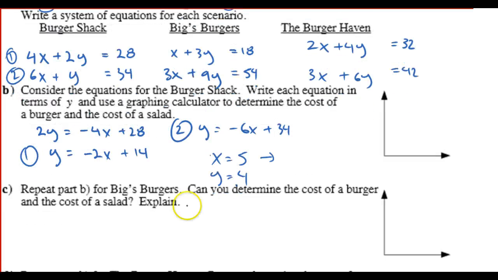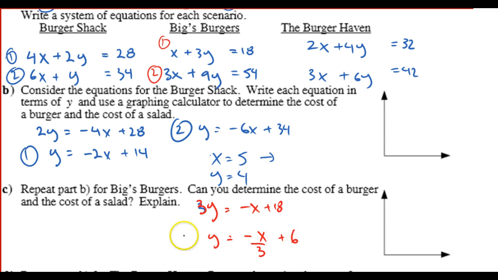So again, negative. Let me do that again. Now I'll do it in red here. Okay, so 1 and 2 there. 3y equals negative x plus 18, and then we have y equals negative x over 3 plus 6.